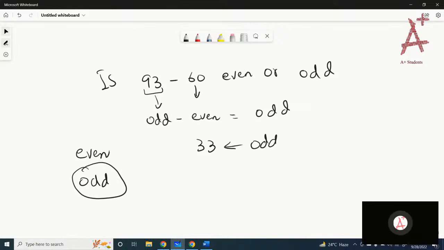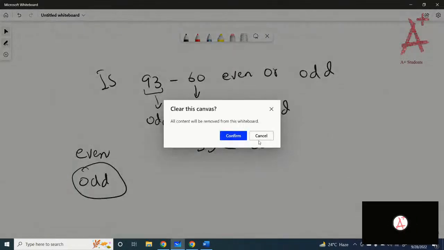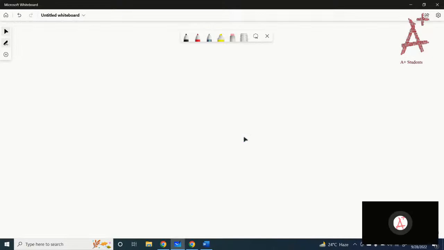Okay, the next one is what is 748 rounded to the nearest 10? Okay, you have to round off the number at the 10th position.